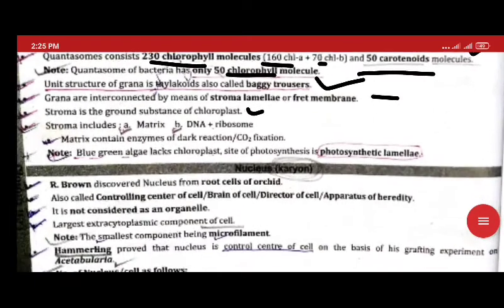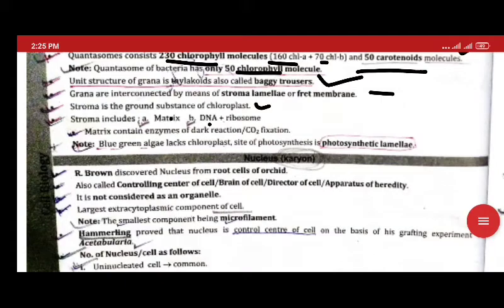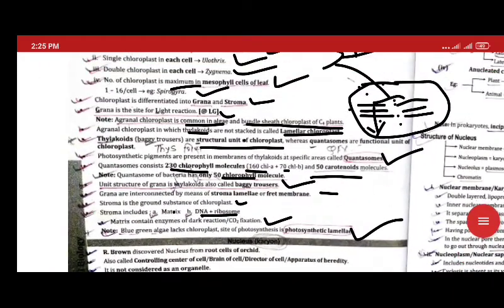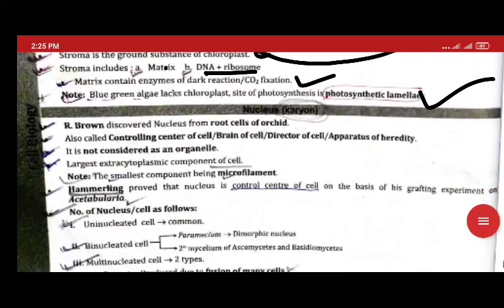Now this stroma contains matrix, DNA plus ribosomes, and the matrix contains enzymes for the dark reaction or CO2 fixation. Blue-green algae lack chloroplast; in cyanobacteria the site of photosynthesis is called photosynthetic lamella. These two connected grana are joined by what is called stroma lamella.